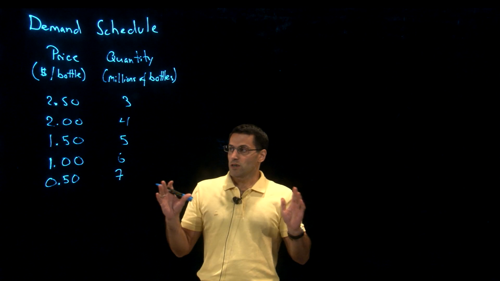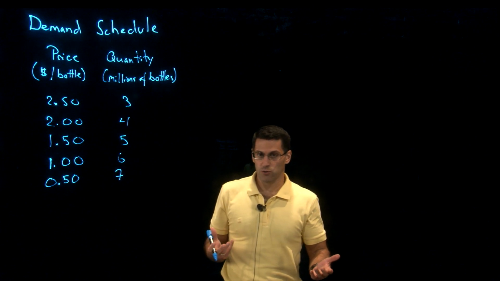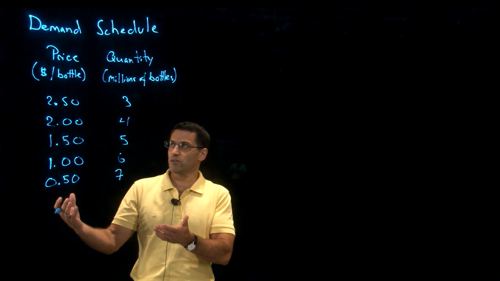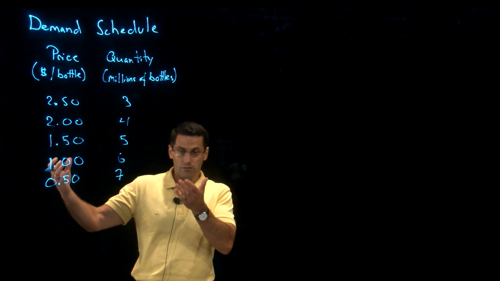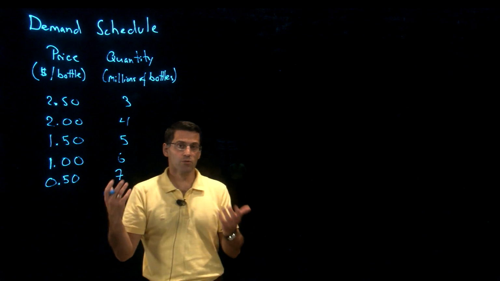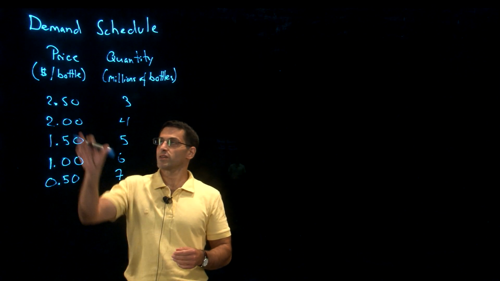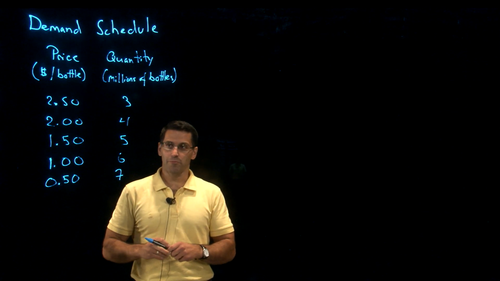Now, we start off here with our demand schedule. And what is a demand schedule? Well, it's just, as you can see here, a schedule. It's got two columns. In the first column, we have the price. What we're looking at here, and again, this follows the example from our textbook, is the demand for bottled water.